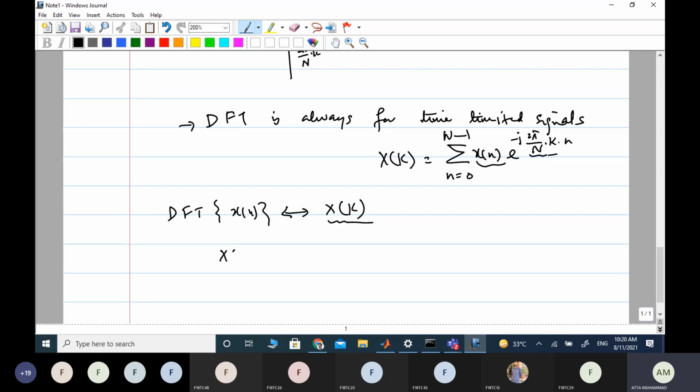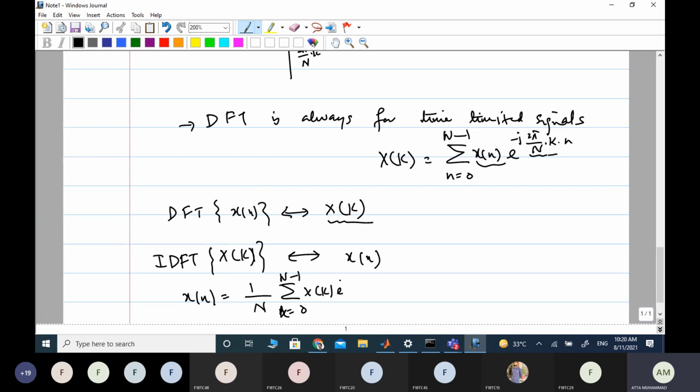So if we have X of k and we are interested in computing x of n, then the concept used is called inverse DFT, inverse discrete Fourier transform, and it is given by x of n is equal to 1 by n summation, k from 0 to n minus 1, X of k e to the power positive j 2 pi by n times n times k.